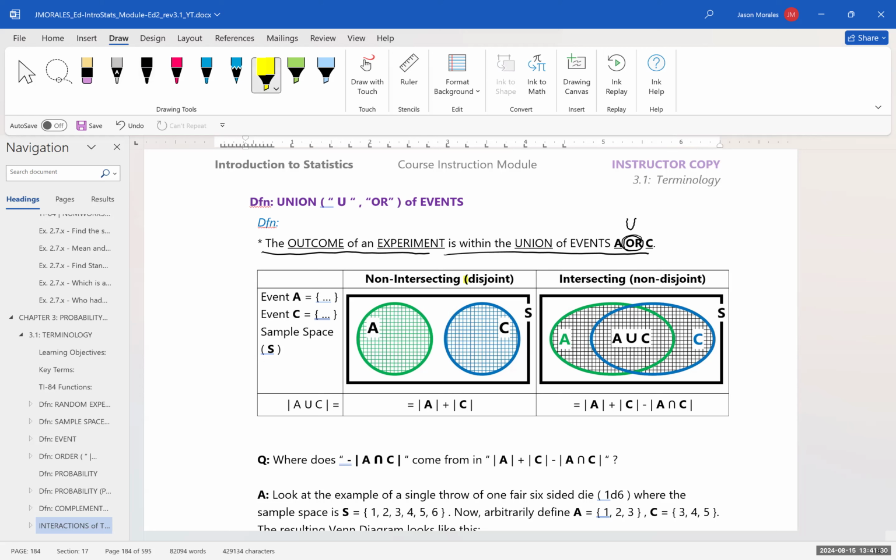In one case A and C are disjoint, meaning they're not overlapping, and in another case the two events are non-disjoint, meaning they are overlapping.